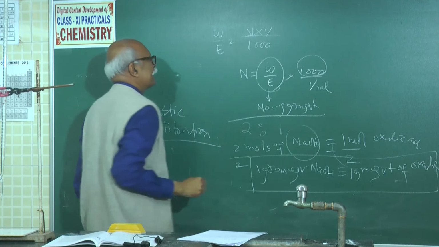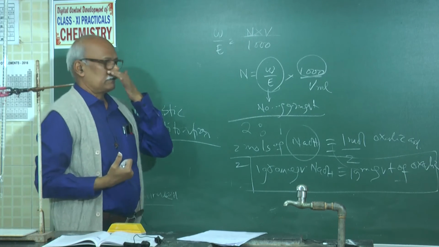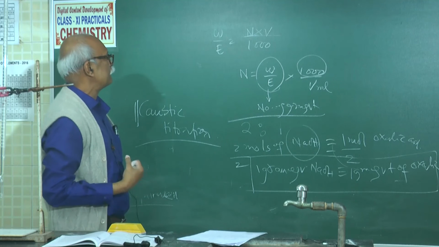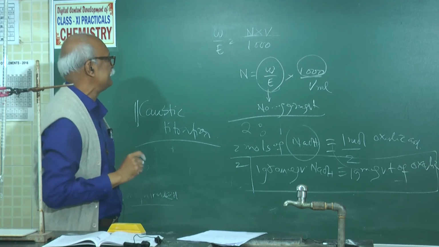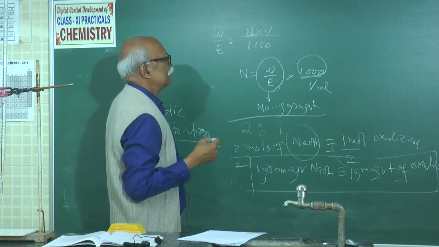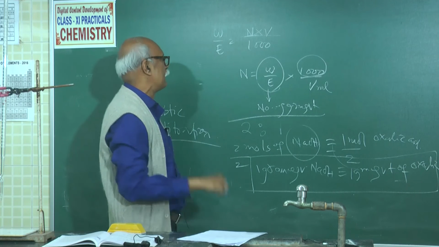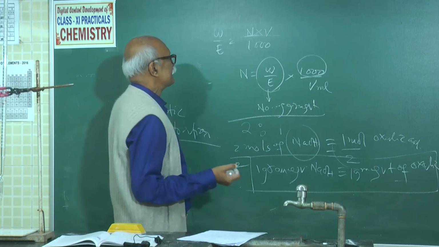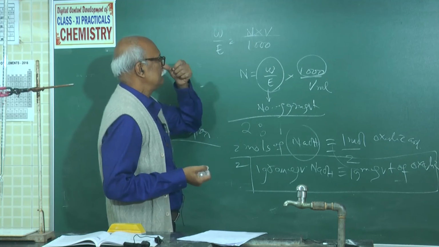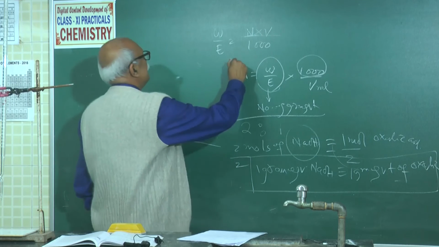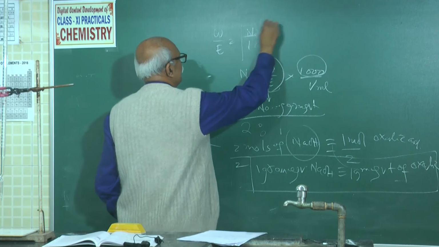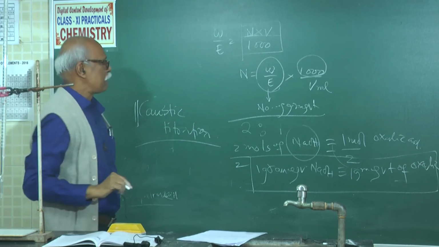Or N into V, you can call it milliequivalents. 1 by 1000 of an equivalent is called a milliequivalent. 1 equivalent is equal to 1000 milliequivalents. And 1 milliequivalent is equal to 1 by 1000 gram equivalent. So you see, this N into V is the gram equivalent.